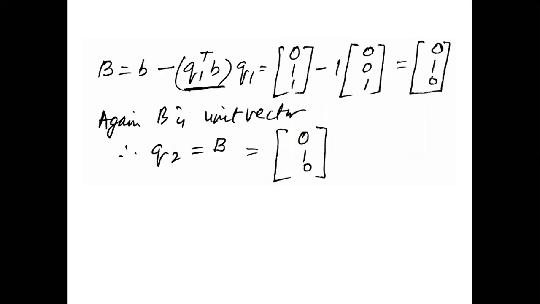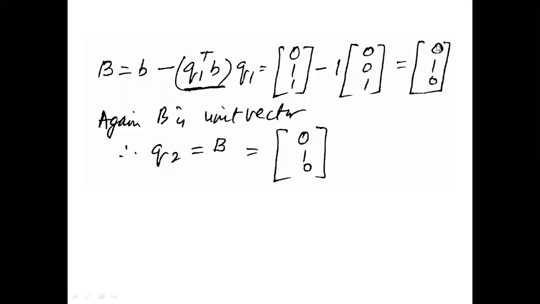So we'll enter the value of B first, which is 0, 1, 1, minus Q1 transpose into B, that is finding the dot product of Q1 transpose into B. Q1 we have already found, B is given to us, and you can find the product, and that product is 1, and Q1 we had found previously, which is 0, 0, 1. So when you do this calculation, your answer turns out to be this.